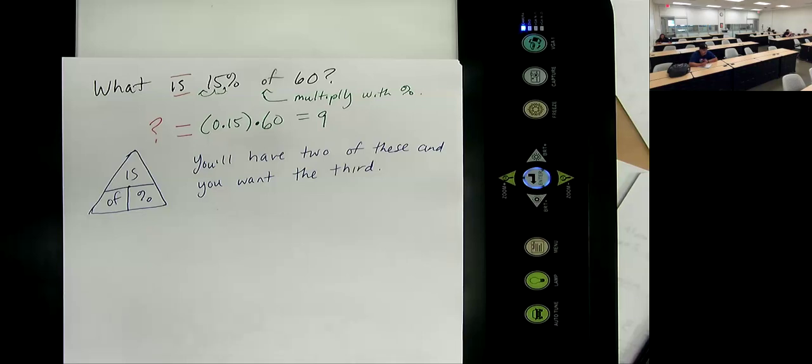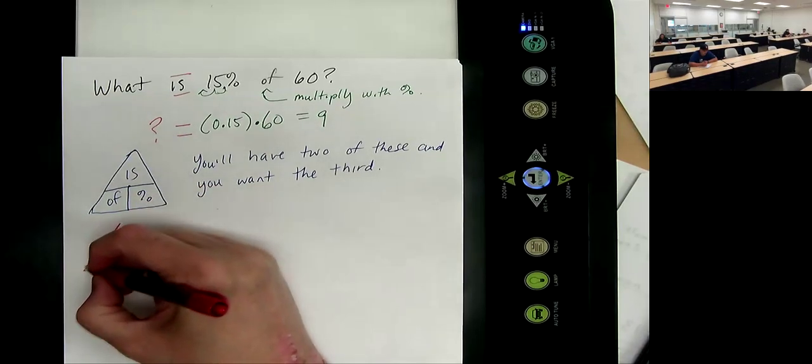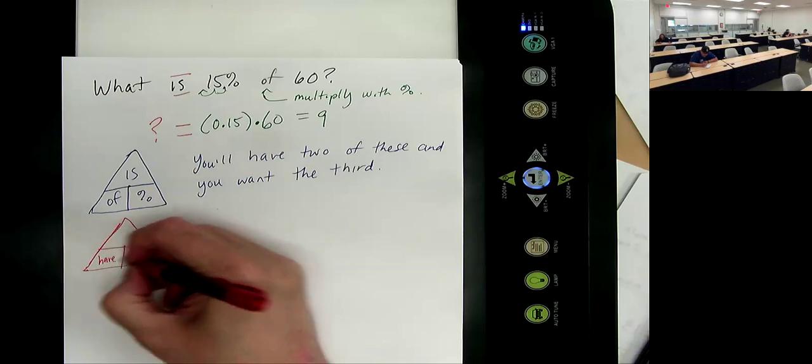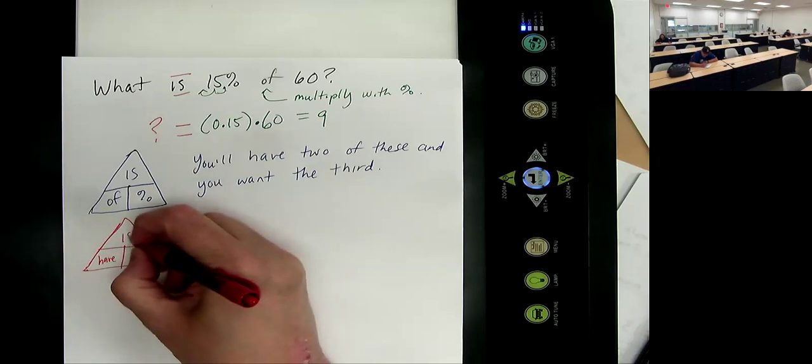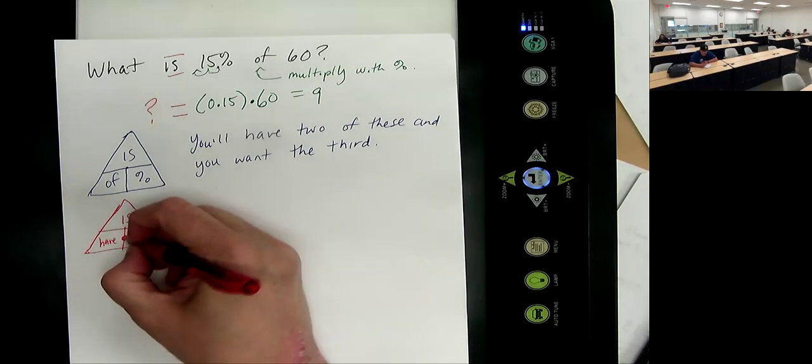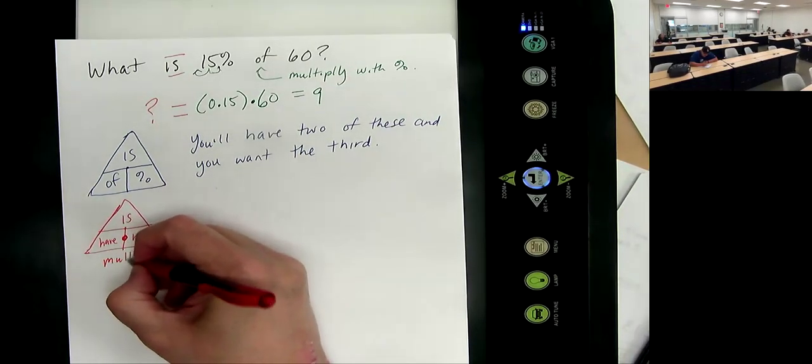If you have the of and the percent, so option one is when you have these two numbers and what you're looking for is the is. These two are side by side, so side by side is multiplied.